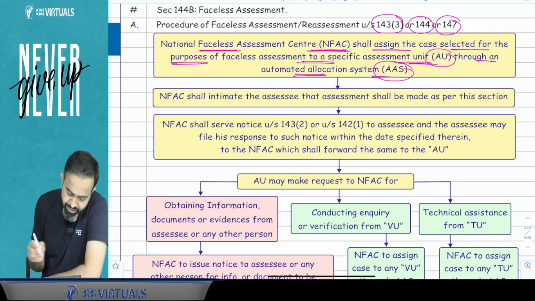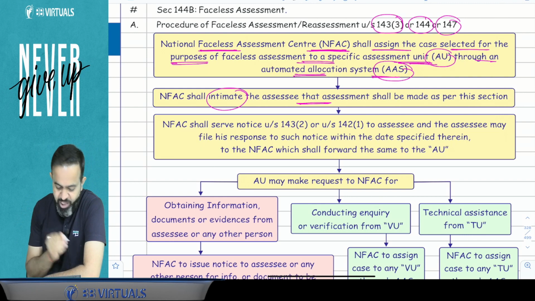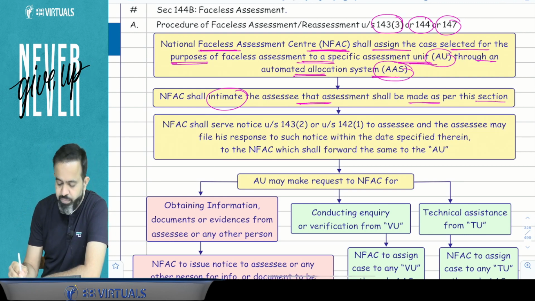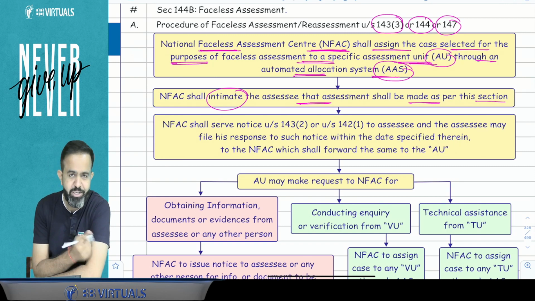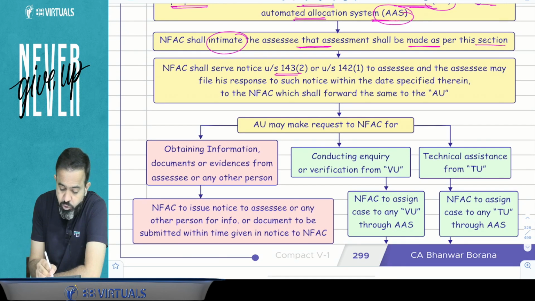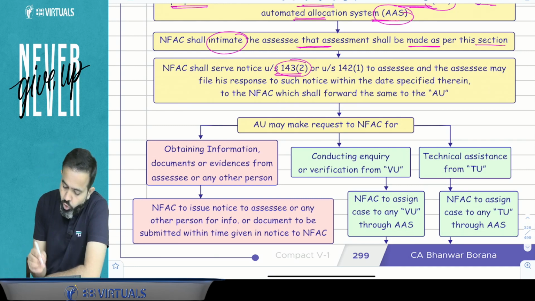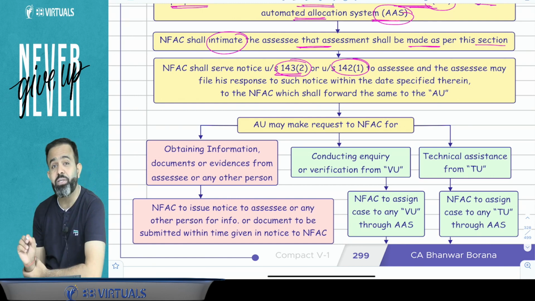Now what will happen? NFAC shall intimate the assessee. NFAC is basically the mediator for every person. NFAC shall intimate the assessee that assessment shall be made as per this scheme. Now NFAC shall serve the notice under section 143(2), which is the scrutiny notice, or 142(1), that is the RIA notice.